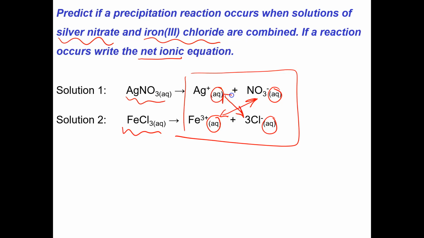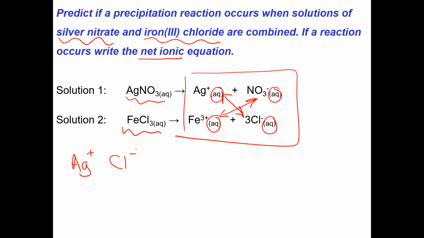However, when we check what happens when a silver ion encounters a chloride ion, we see that silver chloride, according to our rules, is insoluble. So what that tells us is that a precipitate will form between silver ions and chloride ions. So what would be the formula of that precipitate?